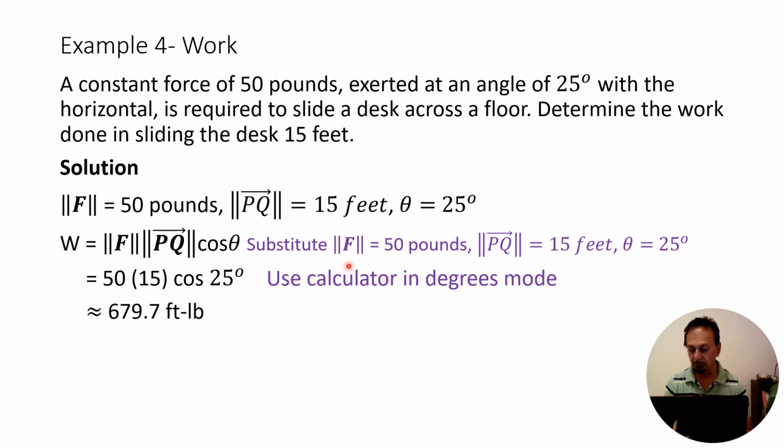So this becomes 50 times 15 times cosine 25. Now you have to put it in the calculator in degree mode, and you should get 679.7 foot-pounds.